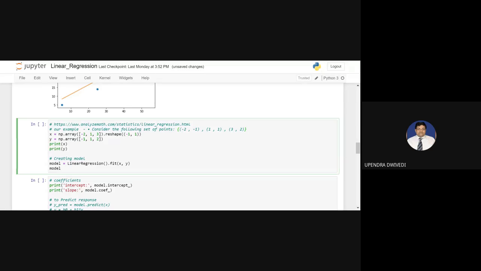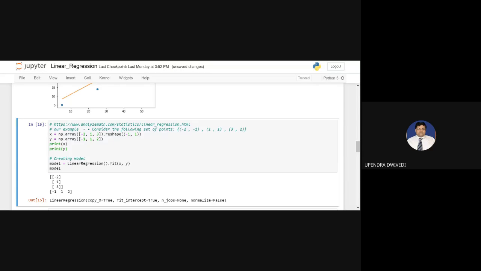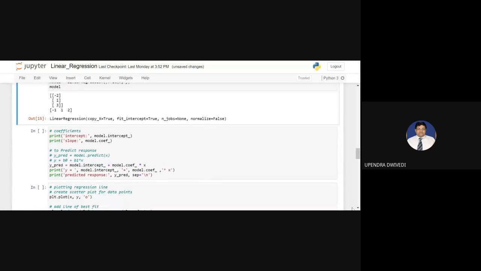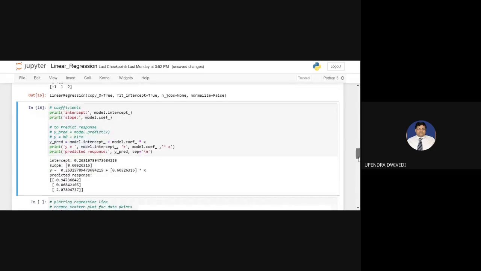We'll pass these values as x and y in a numpy array. Then we'll call the model, and we'll find the intercept, the slope and our equation. So we'll find the values of a and b and so on. This way, you can calculate the equation y equal to a plus bx, and these are your predicted responses.